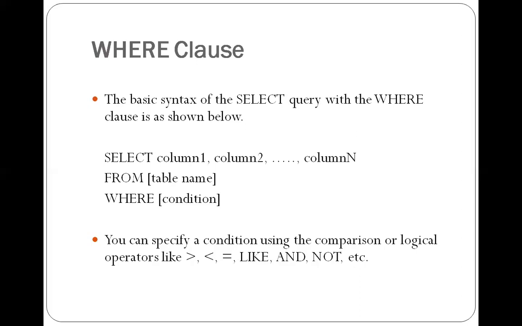Then the query is: select customer name, comma, customer city, or we can put select star from customer, that is the table name, where customer city equal to Kolkata, and this Kolkata must be specified within quotes, and then a semicolon.